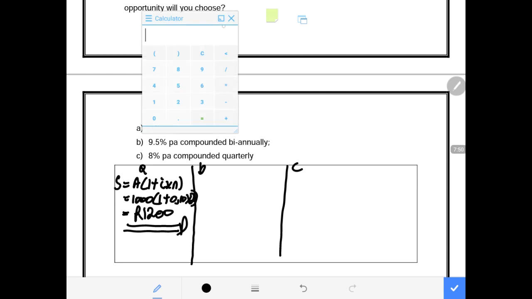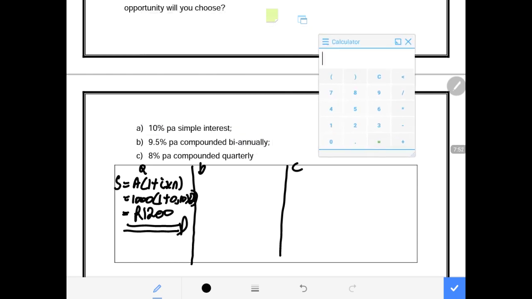Now let's go to compound interest. For compound interest, we say plus minus is an amount of 1,000. What is 1,000? 1,000 is the present value. Then we say our interest is 9.5% divided by 2, which is the number of compounds in a year, which is biannually, half yearly, meaning 2 times a year.